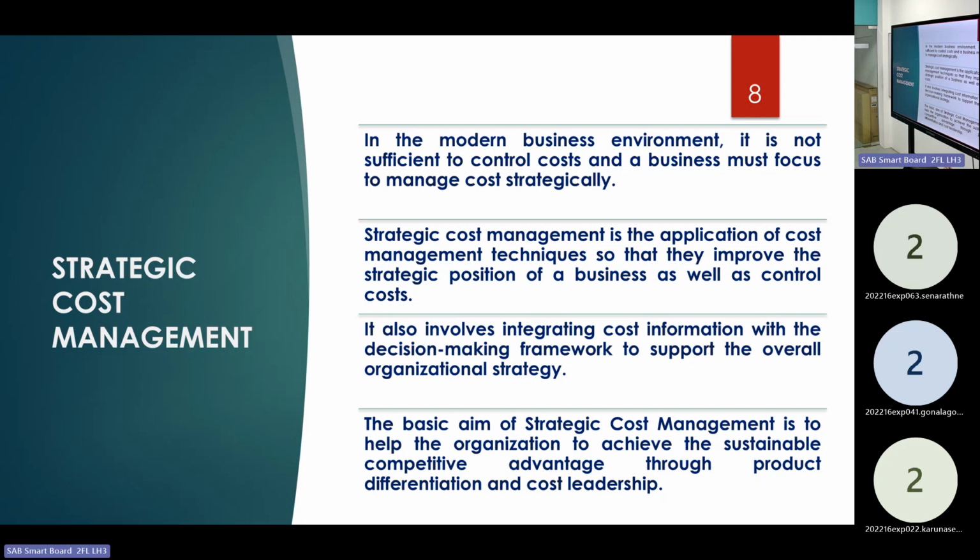So overall, you may be losing, right? Strategies are very important for the business. Where do you position the product? So the strategic positioning improves.